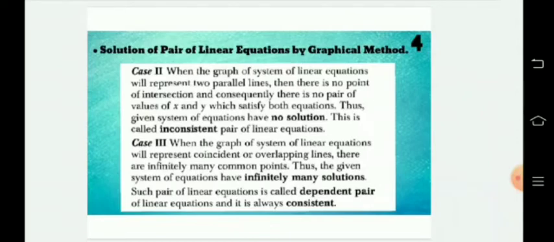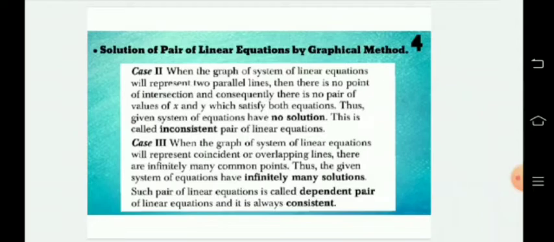अब third case चाहिँ के छ भन्दा चाहिँ when the graph of the system of linear equations represents coincident or overlapping lines, there are infinitely many common points. means coincident कुनै पनि ग्राफ को जब हामी प्लट गर्छ दुईटा इक्वेसन को ग्राफ, जब त्यो चाहिँ लाइन माथि लाइन means coincident, सेम लाइन को माथि चाहिँ another लाइन छ भने चाहिँ त्यसलाई चाहिँ coincident भन्छ. अब त्यस्तो छ भने चाहिँ त्यसमा चाहिँ infinitely many points हुन्छ.